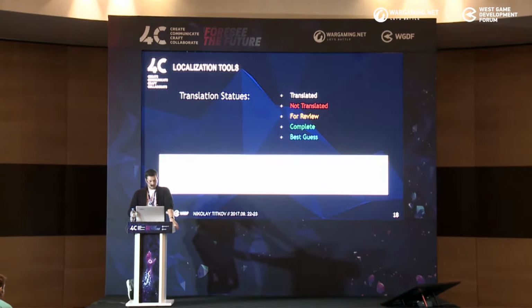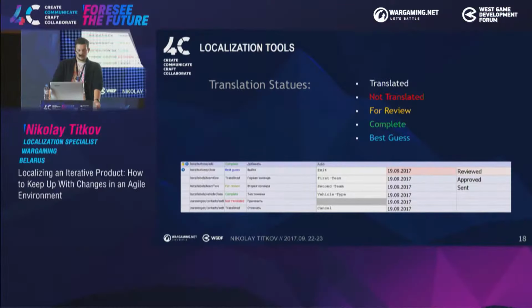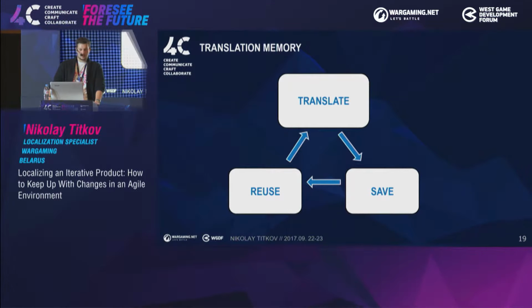CAT tools mean computer-assisted translation tools. Basically, we do it for building strong and huge translation memories, TMs, that can significantly help us later.